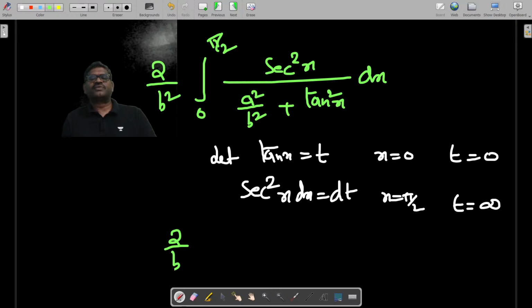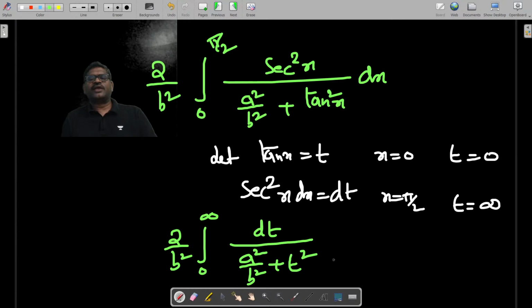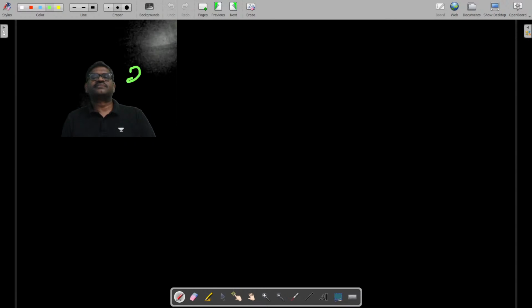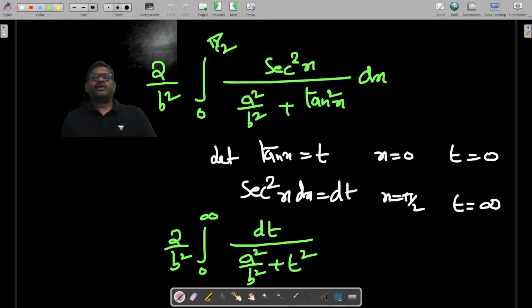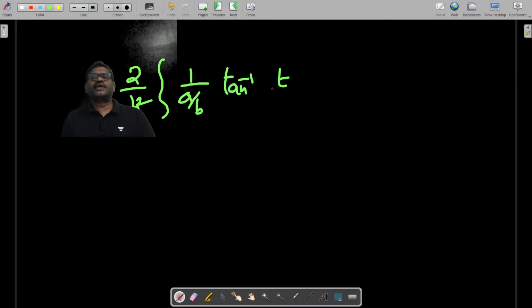Therefore, 2 by b square into integral 0 to infinite, secant square x dx is dt, over a square by b square plus t square. That is 1 by a by b into tan inverse t by a by b, from 0 to infinite.